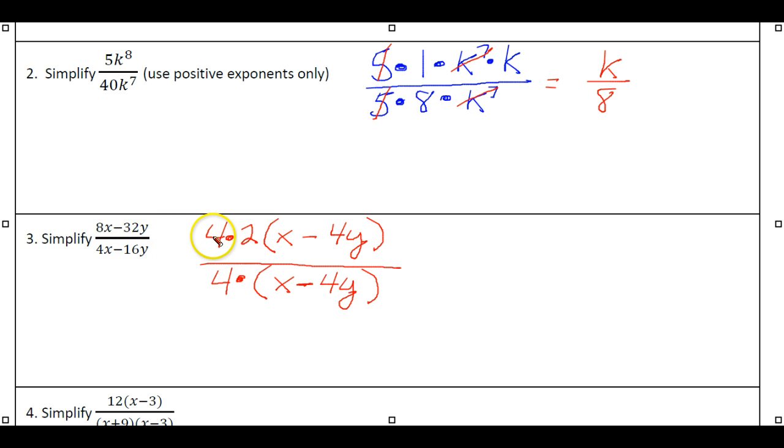So I wrote the 8 as a 4 times 2. When we go to factor this, taking out common factors, we can take a 4 out. And now these are also common factors. So we're left with only 2 as an answer. That's 2 over 1. We don't write the 1.